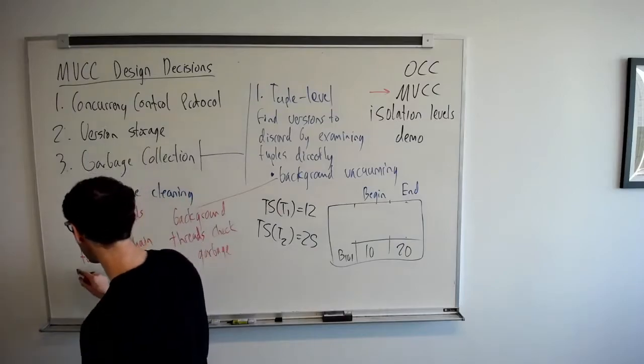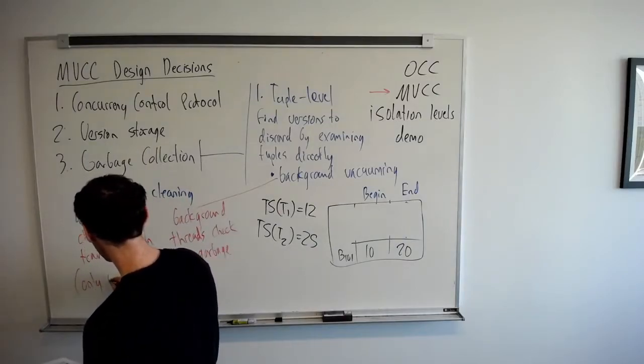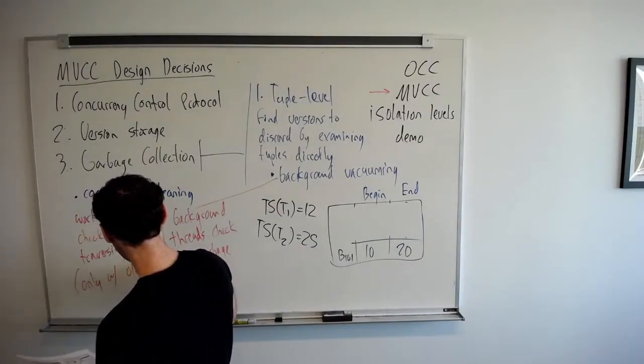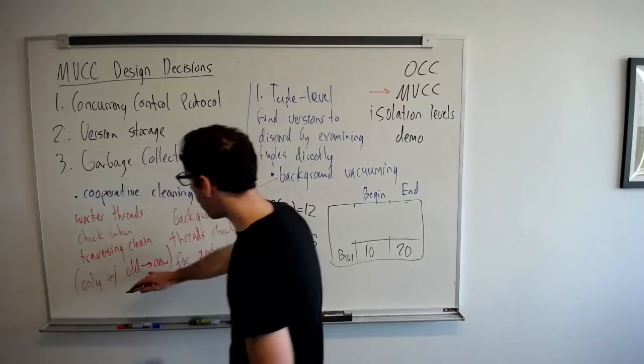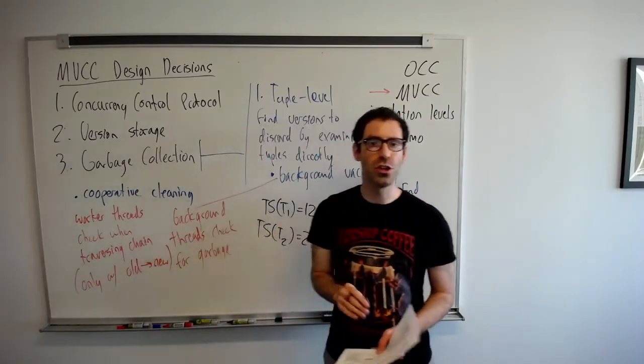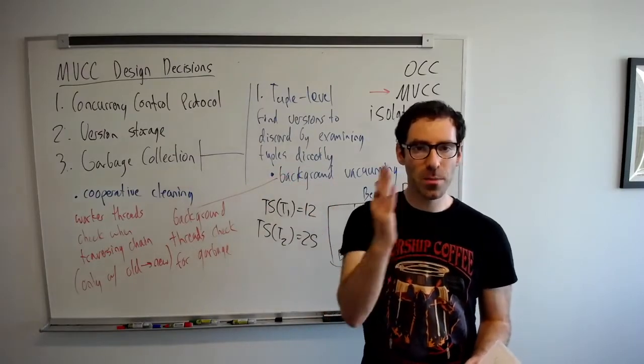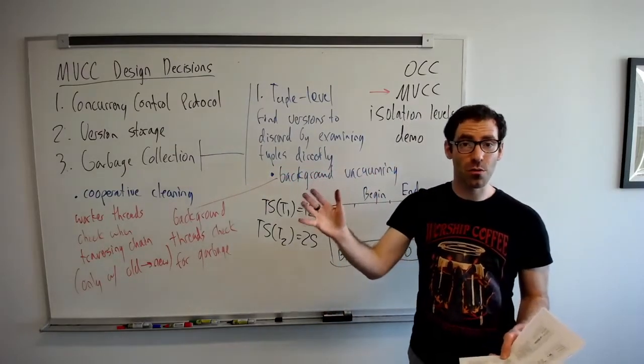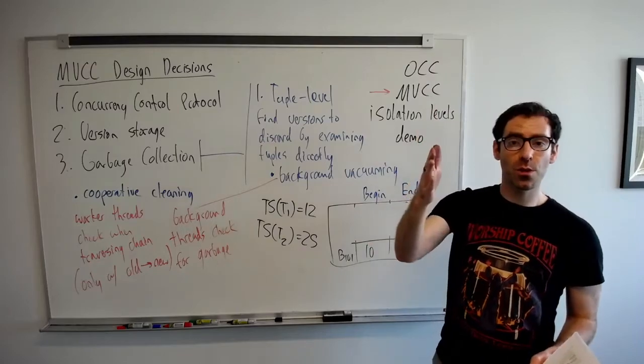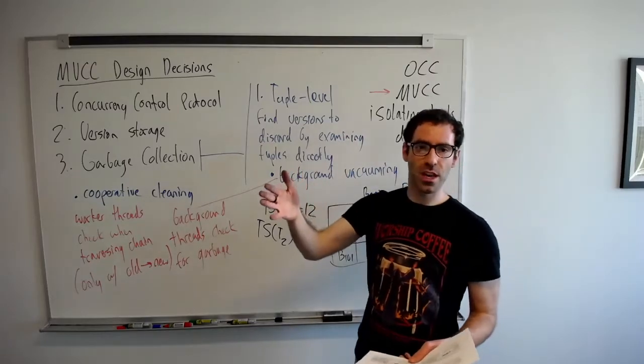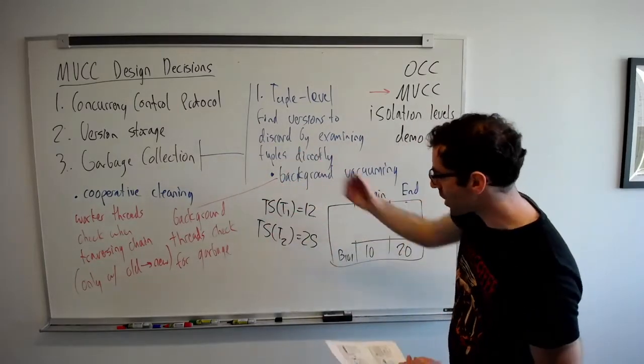This is only going to work with this old to new ordering of our version chain, because they need to be traversing the old versions in order to check them. If we start with the newest, they're going to stop once they get to the version they need and not check the older ones.